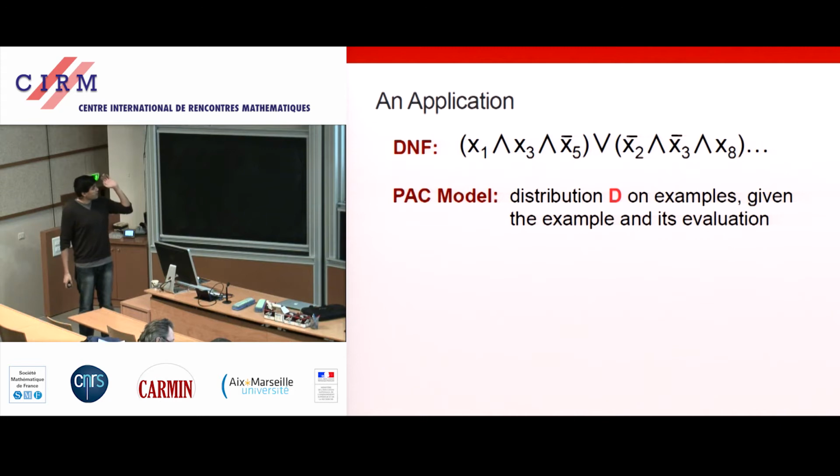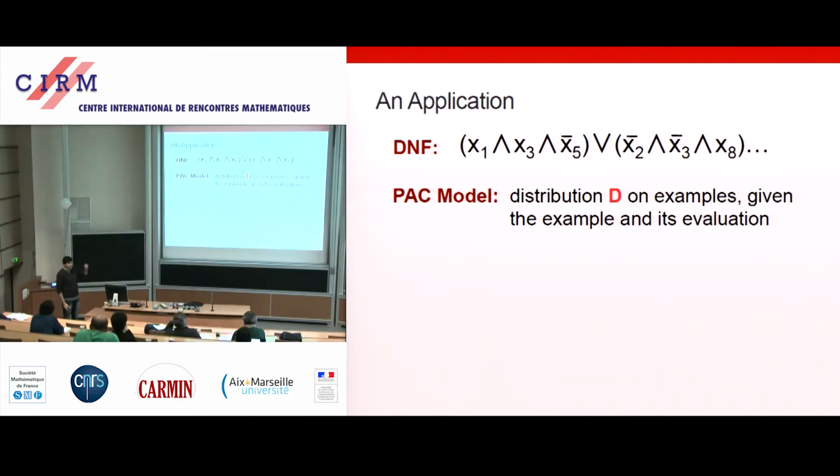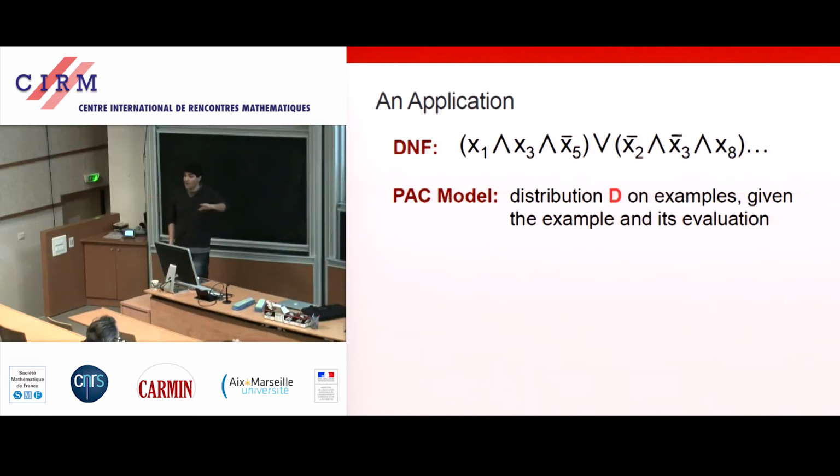So if you were given some distribution D that generated examples, and you'd see the full configuration of what the settings of the variables are, and then you see the evaluation of the DNF formula, can you actually learn a DNF that approximates the original one according to, say, the distribution D? This is in Valiant's famous PAC learning model. All you see is the actual configuration of values for the variables along with a black box evaluation of the DNF formula, whether it evaluates to 0 or 1.